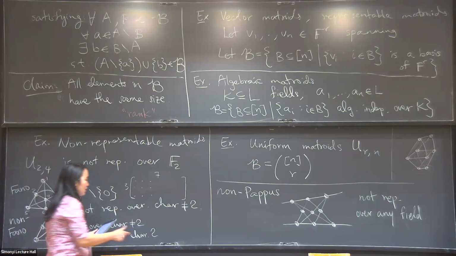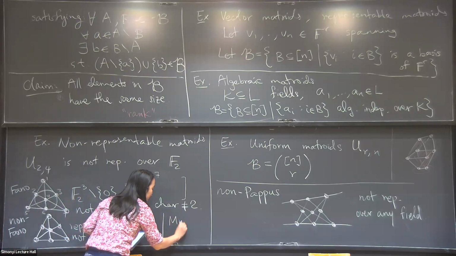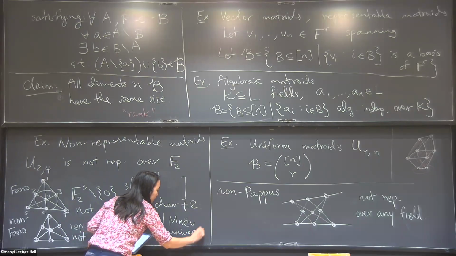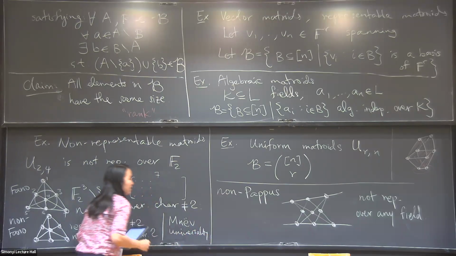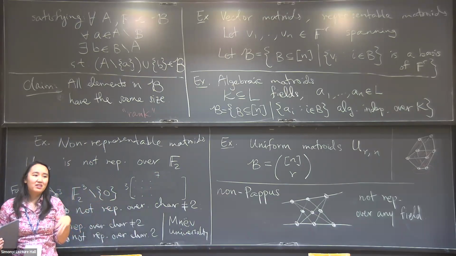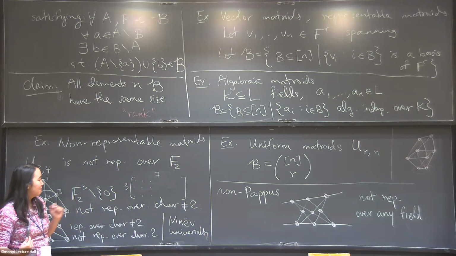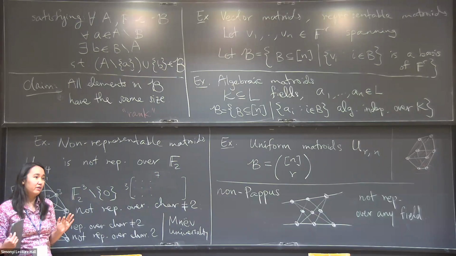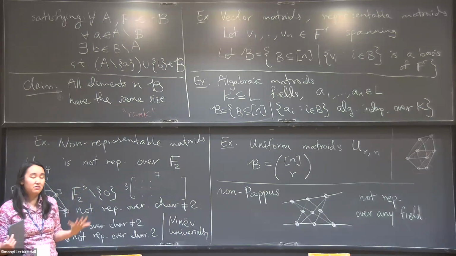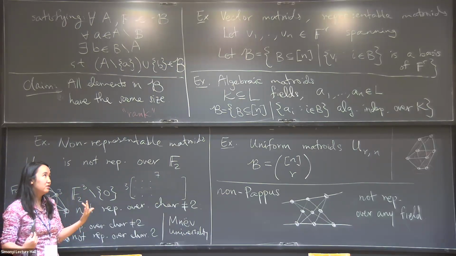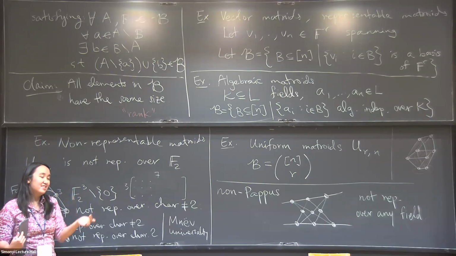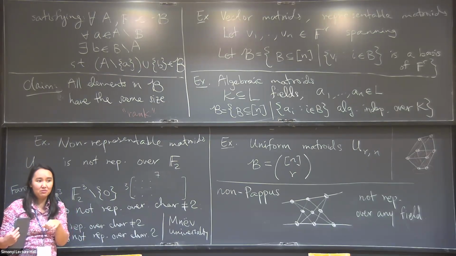There is something called Mnev universality. Basically, it says that these types of equations and inequalities are as hard as anything else. In particular, over rational numbers, in general, we don't know if it is decidable to see whether some equations have a solution over rational numbers.